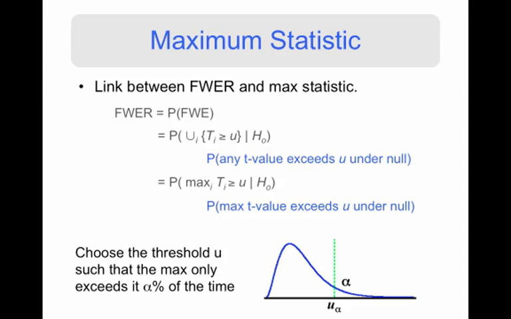So in this situation, we can find the distribution of the max statistic. We can threshold this at some number u so that it's controlled at the alpha level. So we would choose the threshold u such that the max only exceeds it alpha % of the time. And so this is another way of thinking about the family-wise error rate. So if we can approximate the distribution of the max statistic, well then we can use this to control the family-wise error rate.